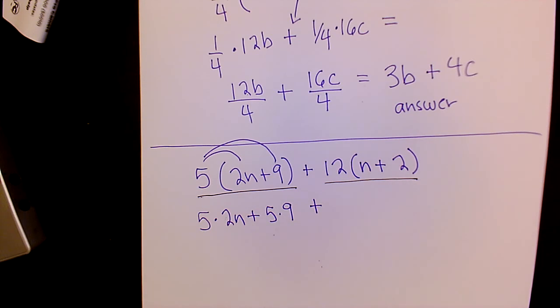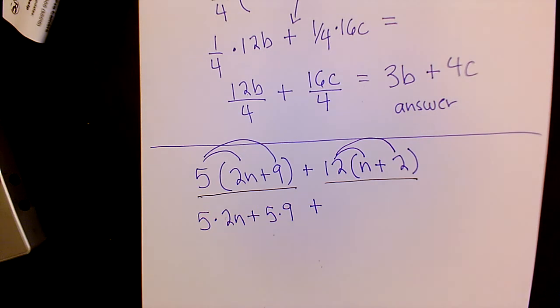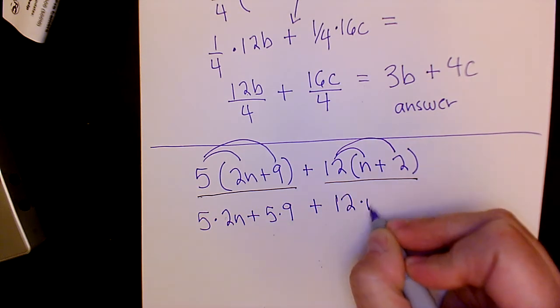So 5 times 2n plus 5 times 9. And again, if you don't want to write it out, I'm just showing all my steps. And here I'm going to take the 12 times the n and the 12 times the 2.